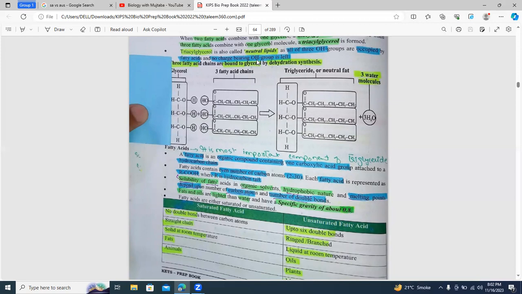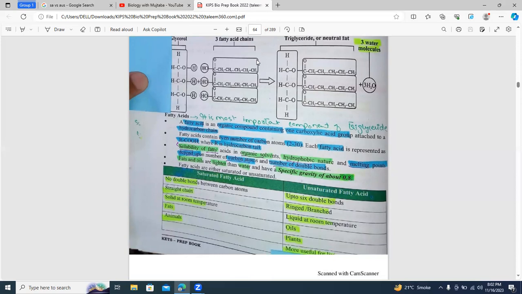Now, we will briefly touch upon the key differences between unsaturated and saturated fatty acids. We need to remember that the greater the number of double bonds, the greater the solubility of the fatty acid. As you know from chemistry, saturated represents single bonds, whereas unsaturated represents double bonds.